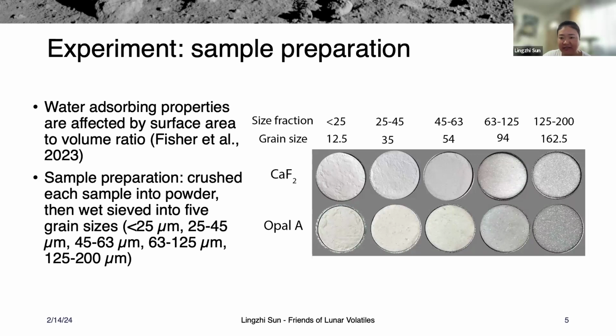Then we're going to measure more samples and test, because this is only for these two samples, which are pretty unique and not quite related to lunar materials. We want to get closer to lunar-related materials like anhydrous minerals, plagioclase. I really wish we could get some lunar samples.